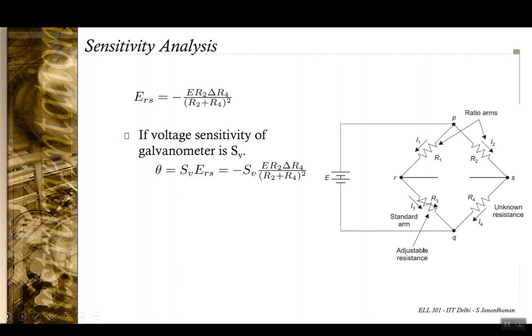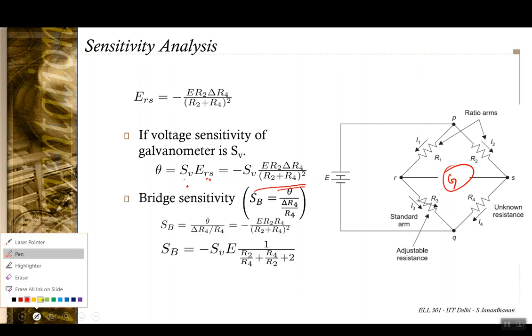Now, if we assume that the voltage sensitivity of this galvanometer that is being connected here is going to be SV, then the deflection theta would be SV, the voltage sensitivity, times the voltage, which is given by this expression now.